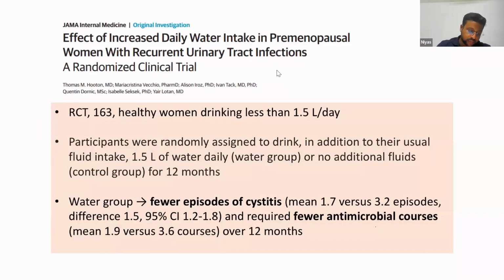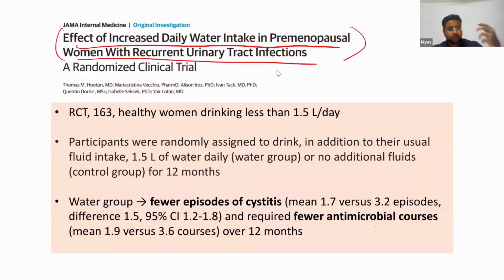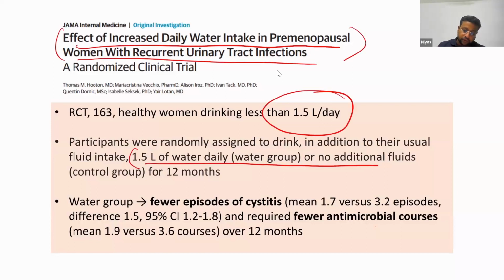In fact, it has been. It has been proven that increased daily intake of water in pre-menopausal women with recurrent urinary tract infection helps. What they did was an RCT. How difficult it would have been to do an RCT making people drink 1.5 liters of water per day. But anyway, they have done it. Participants were randomized to either take an additional 1.5 liters of water per day or no additional fluids.